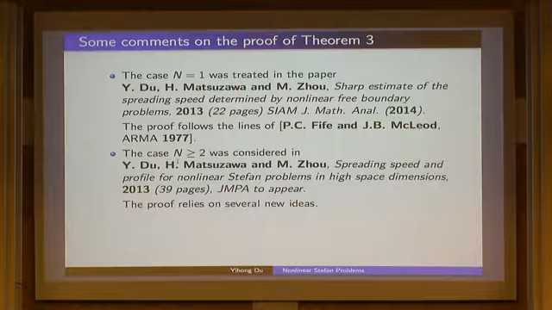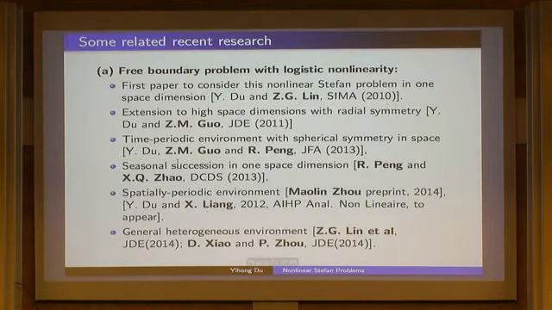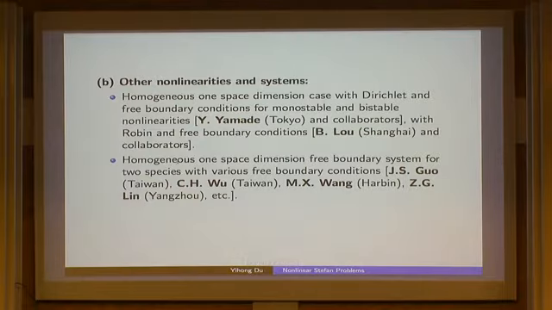And the proof is also much more involved. That's a 22-page paper, but this one is 39 pages. I think I'll just skip this one. And so these are some other related research. I think I'll just stop here. Thank you.